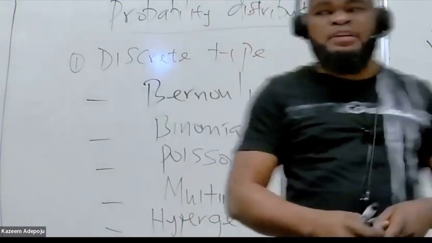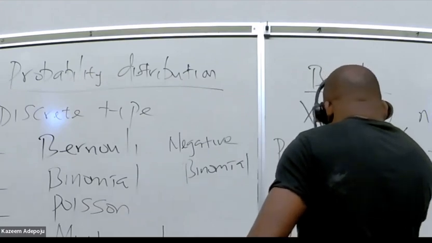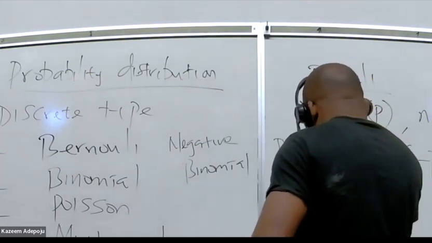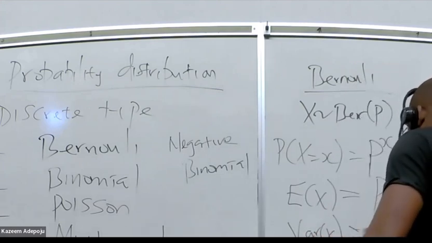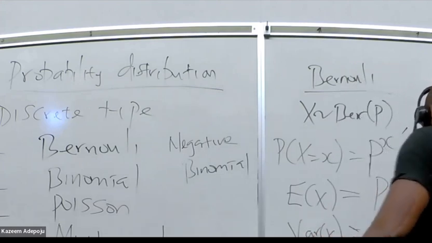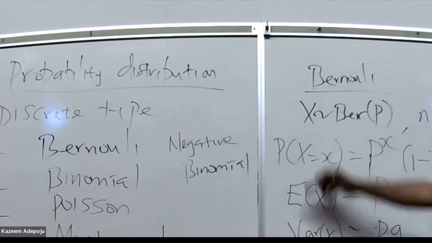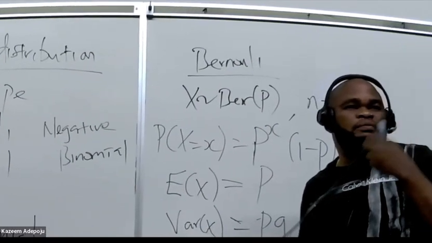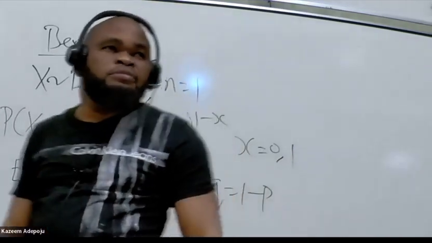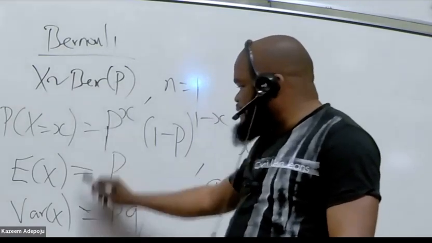When you take a look at the Bernoulli distribution, the expected value of x, we found that. The variance of x, we also found out. Q is 1 minus p. Now, this is Bernoulli distribution. Any question on Bernoulli distribution? You can be asked to derive the mean and variance for that.